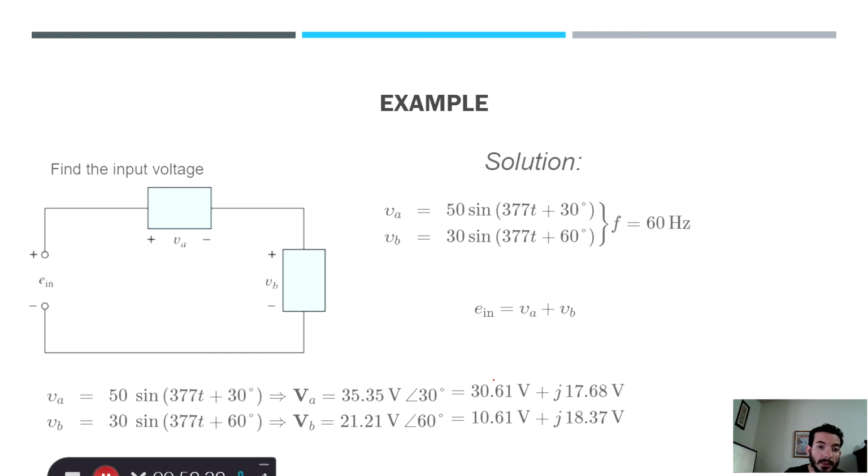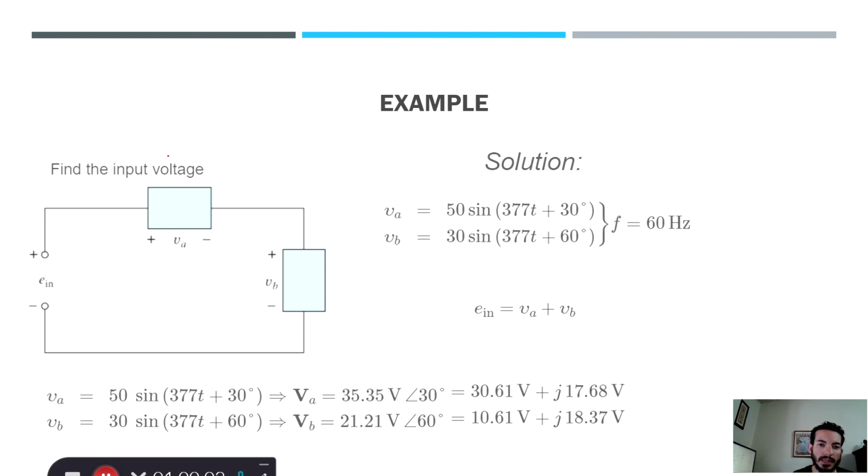There's another example right here. They tell you to find the input voltage of the following circuit in series. As you know, voltage in series is basically additive. So this is a good example of how noise is built up.